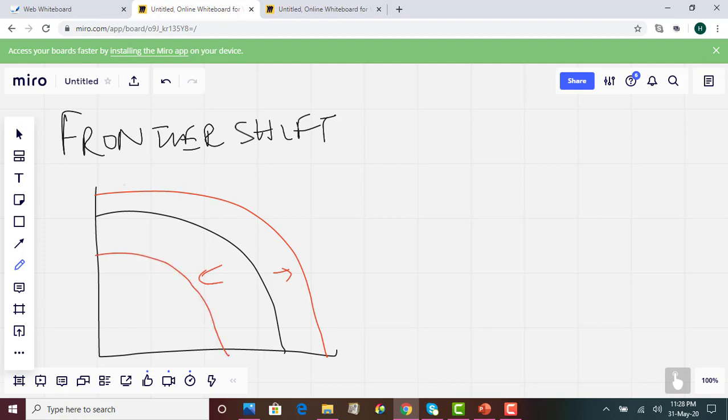That's what is meant by frontier shift. Frontier shifts mean the PPF can shift to the right or to the left because of certain circumstances. When we experience economic growth, when the economy is growing, the PPF will shift to the right.